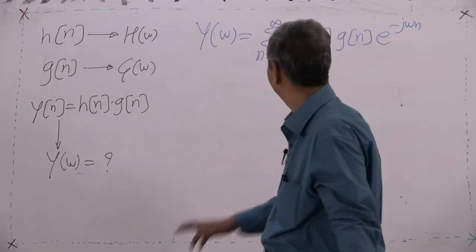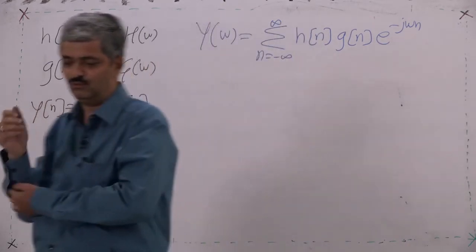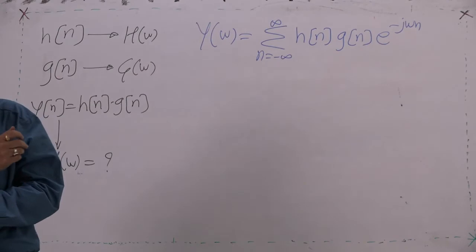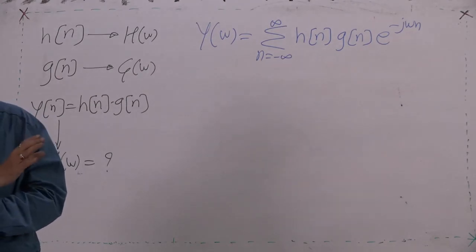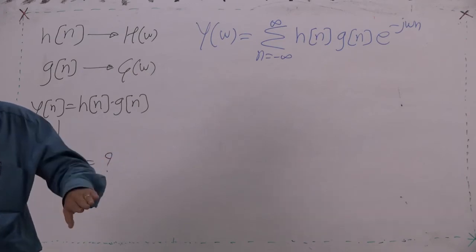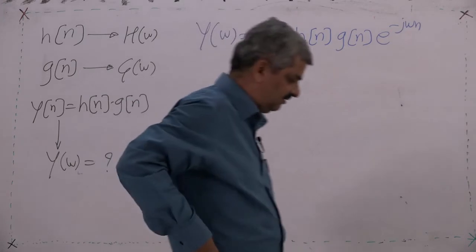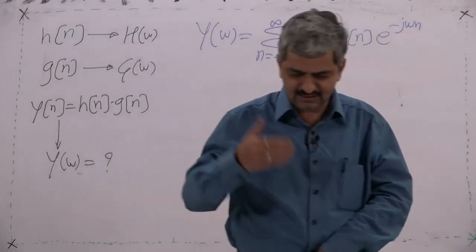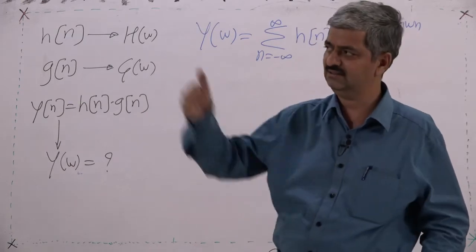we have hn and gn. Now what we do is consider one of them, instead of as a sequence, in a different form. Suppose you are there in front of a mirror, and there is one more mirror.